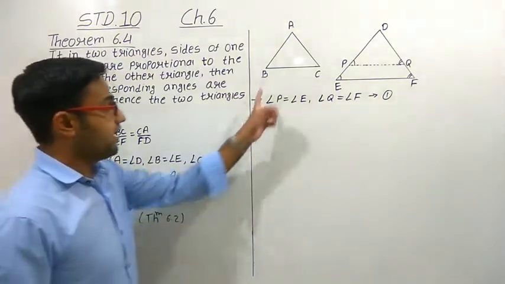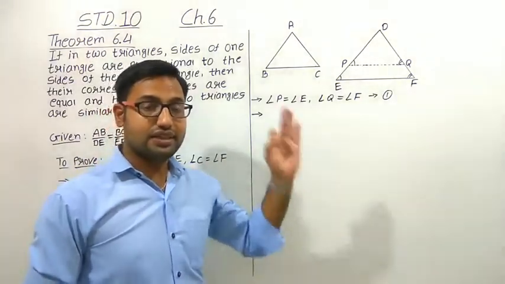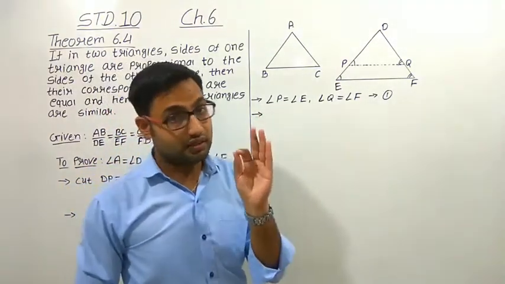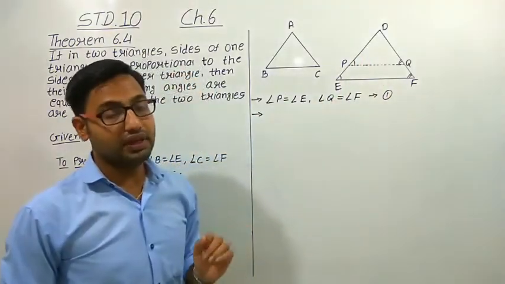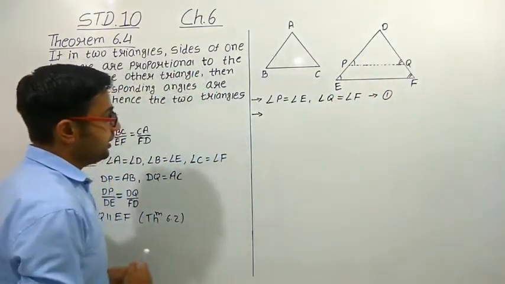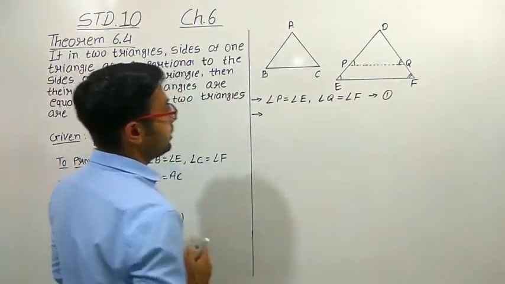So if we can prove that BC and PQ are equal, then according to the side criteria of the congruent, we can prove that ABC and DPQ will become equal. Okay, so here to process that, we have to make that BC and PQ equal.